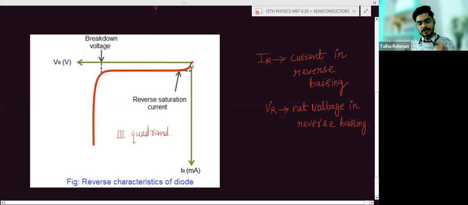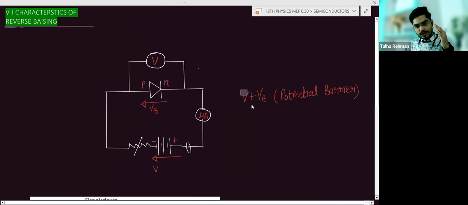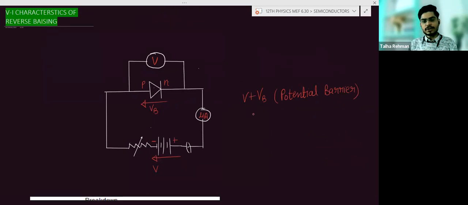Initially there will be zero current, and if you increase this voltage negatively, suppose we know that V0 for silicon is 0.7 electron volt.